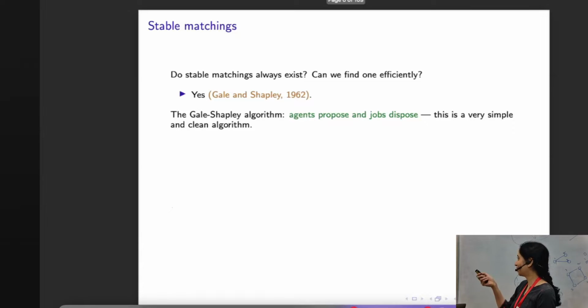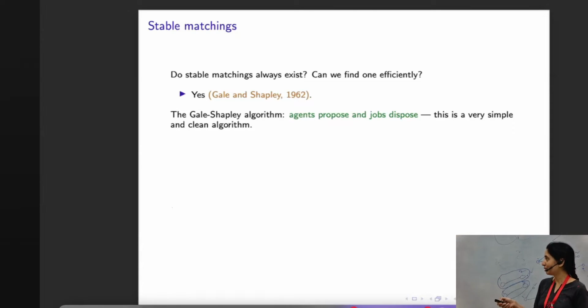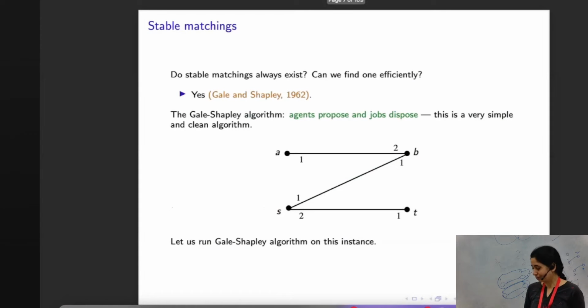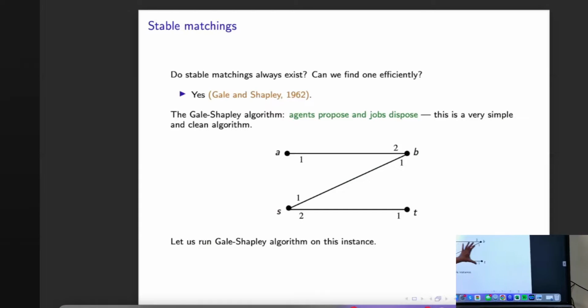So again, for the sake of completeness, I just thought, let's just run the Gale-Shapley algorithm on a toy instance. So we have two, let's call them agents, two jobs.